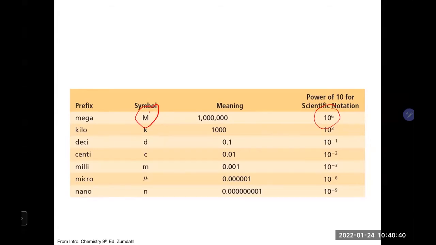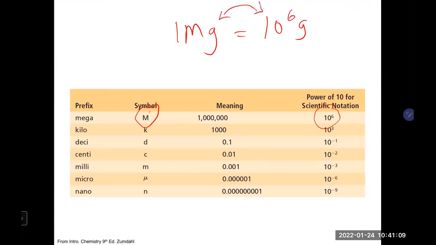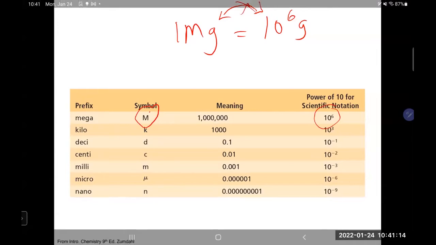When you look at a table like this, what it means is how many there are in the base unit to one of the prefix units. So for example, 1 megagram would be 10 to the 6 grams. And people will always run these backwards and mix them up and do it the opposite way. So they do not go that way.